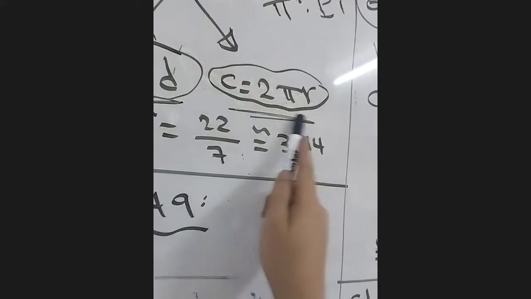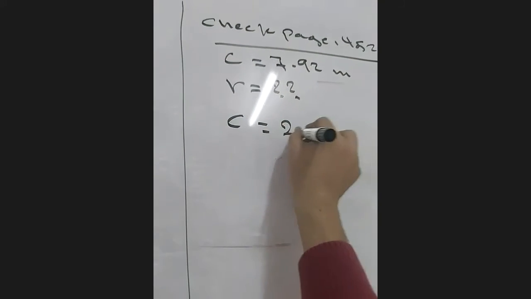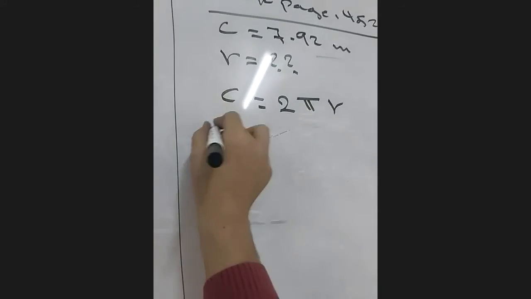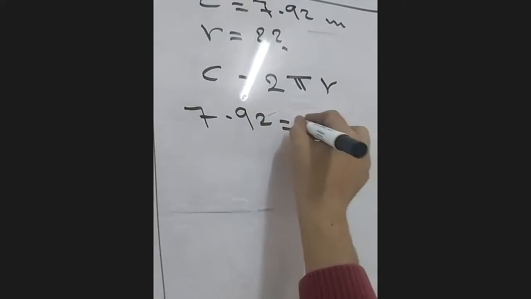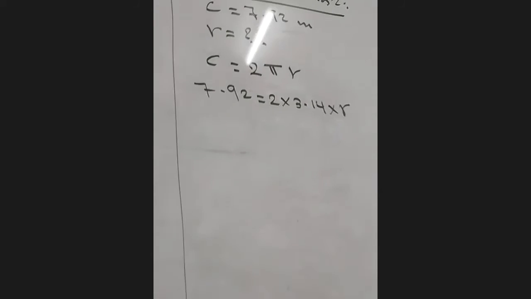Now here they want the radius. I will use the other formula, guys. C equals 2 pi r. I will replace the C by its value. 7.92 equals 2 multiplied by 3.14 multiplied by the radius.